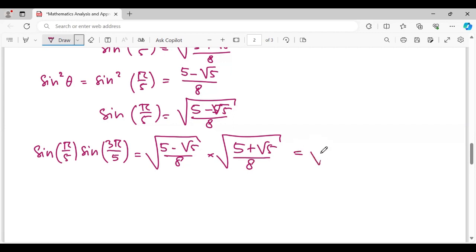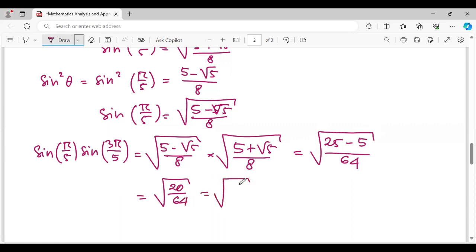And it becomes the square root of (25 minus 5) over 64, which is 20 over 64. If we divide by 4, it becomes 5 over 16, so the square root is square root 5 over 4. This is the solution.